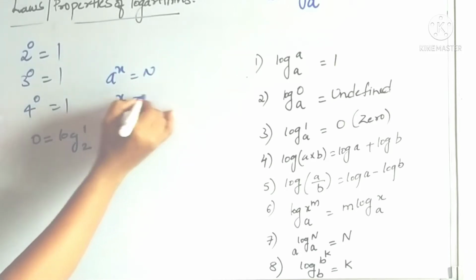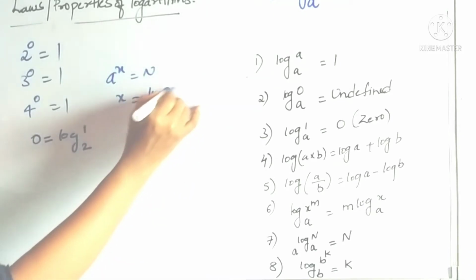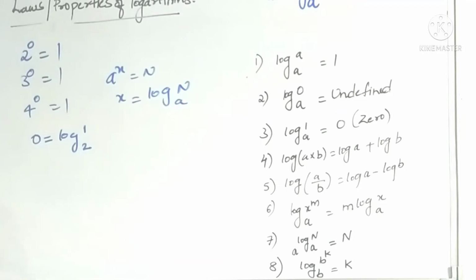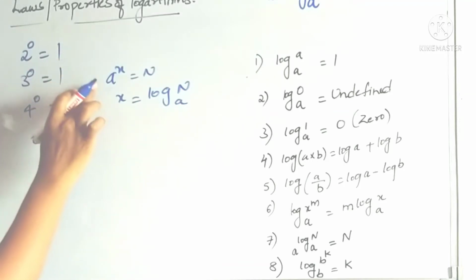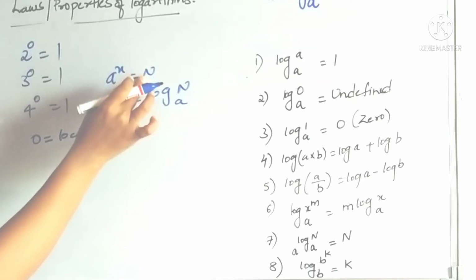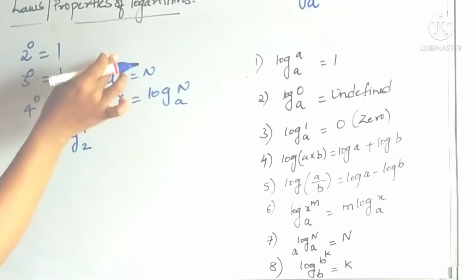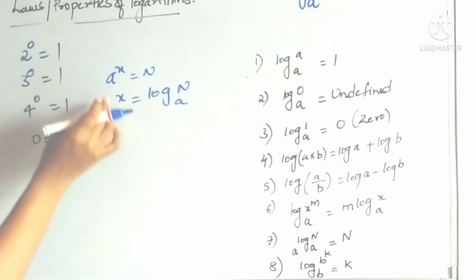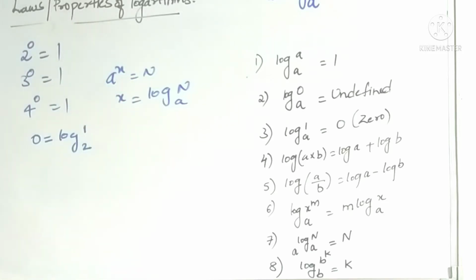Right? If a power x is equal to n, then logarithmic form is x is equal to log n base a. Please don't get confused. The one which is in the base will become base, and the number main value will become logarithmic value, and the one which is in the power will become value of that logarithm.